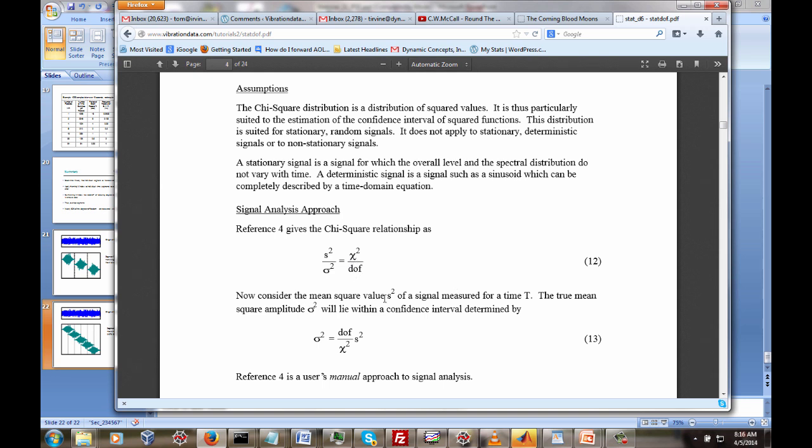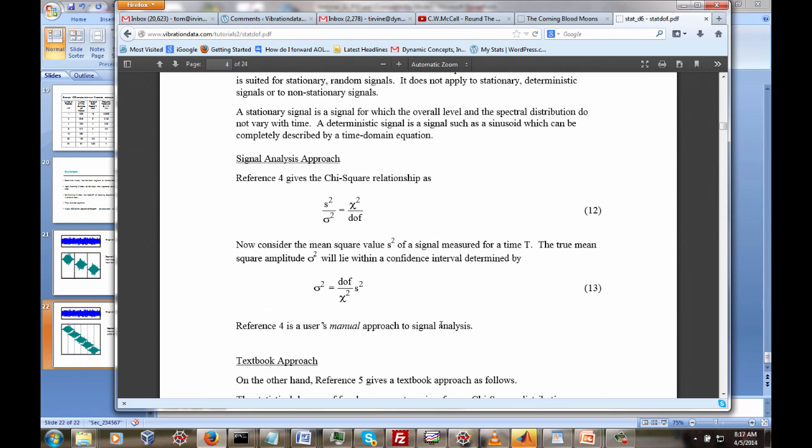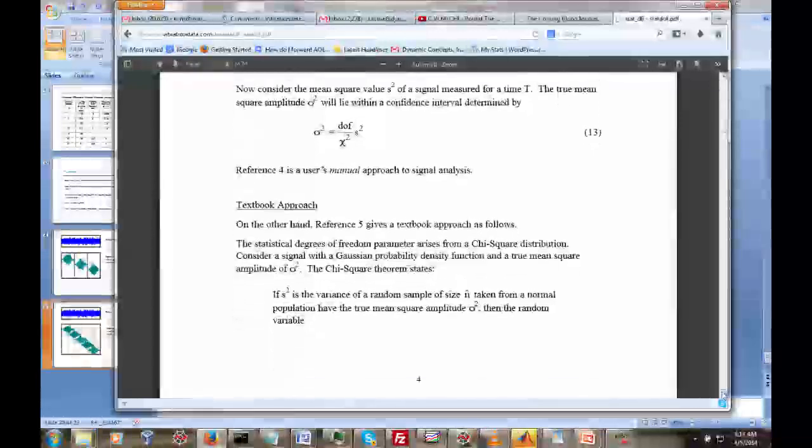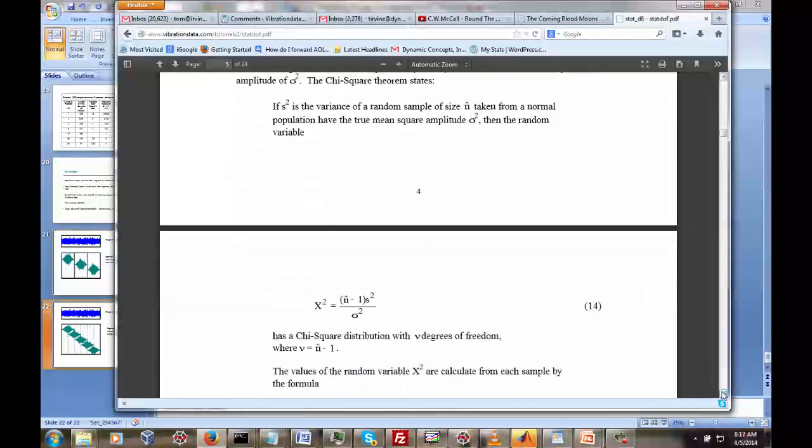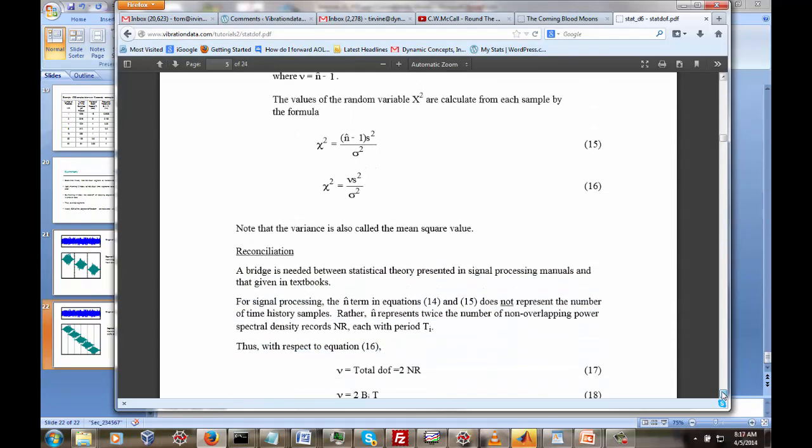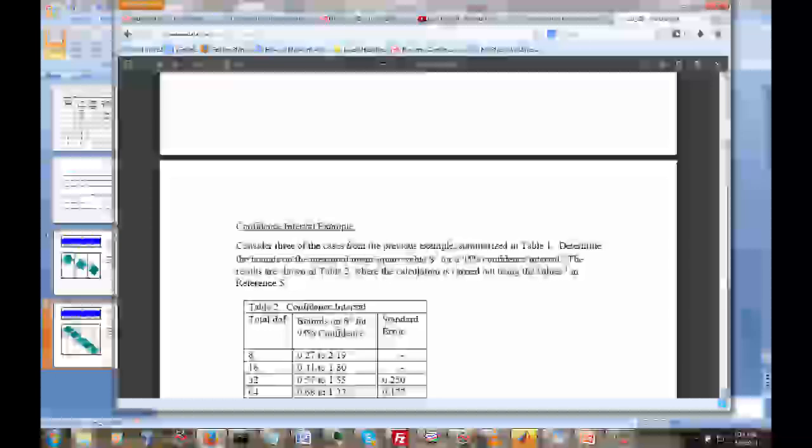So if we consider a mean squared value S squared, this is the measured sample value for time t. The true mean squared amplitude, sigma squared, will lie within a confidence interval determined by this relationship here. So the chi-squared distribution helps us to establish what the confidence interval is. You can go through some of these at your leisure if you're interested more in the theory.